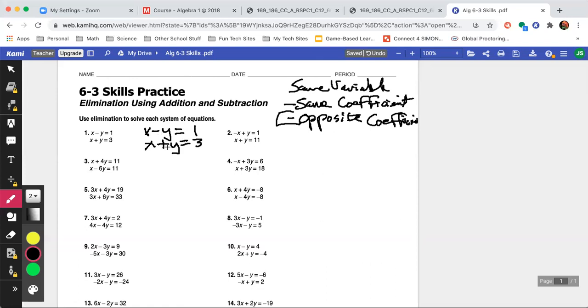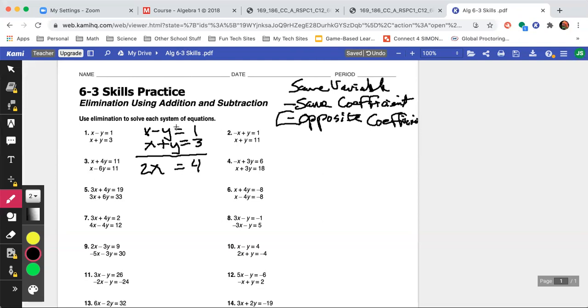You got a -1 and you got a +1 there. I'm going to add the equations together vertically. So I'm going to add my x's together, and I get 2x. I'm going to add my y's together, and -y plus +y gives you 0 because they cancel. And then you add 1 and 3 together, and you get 4.